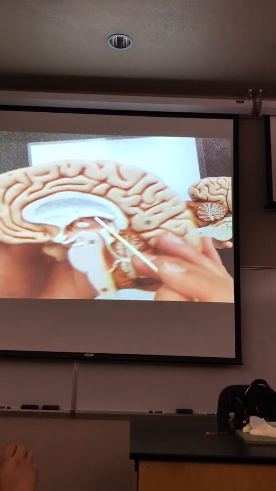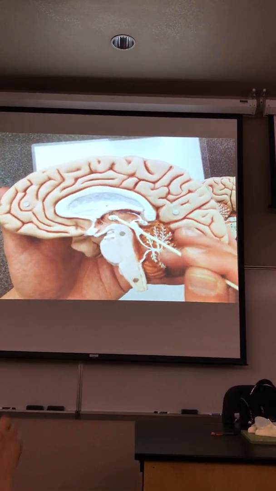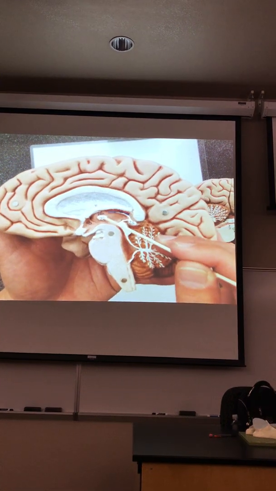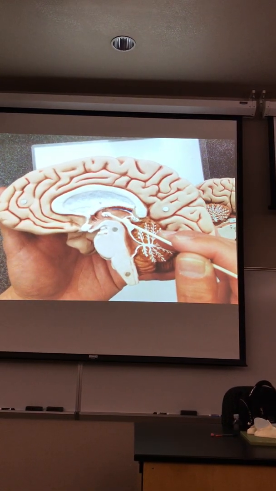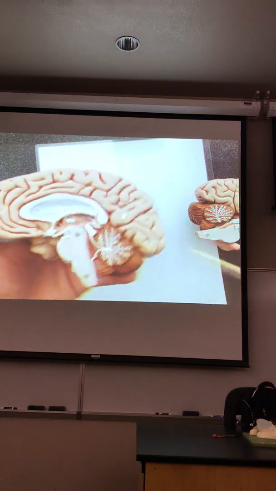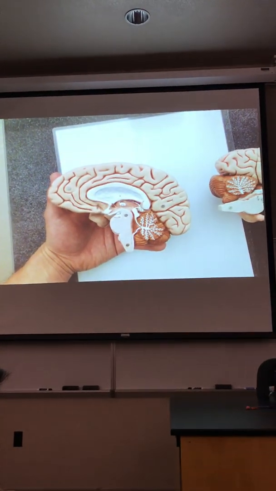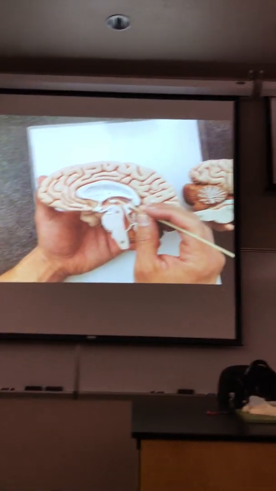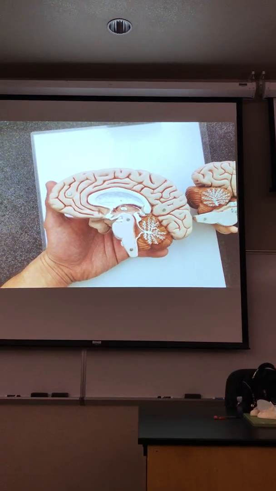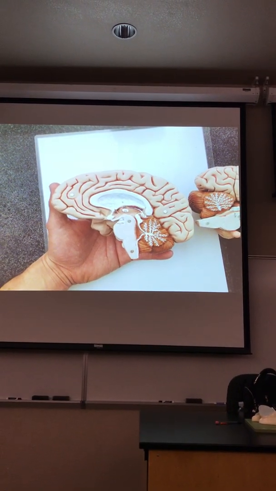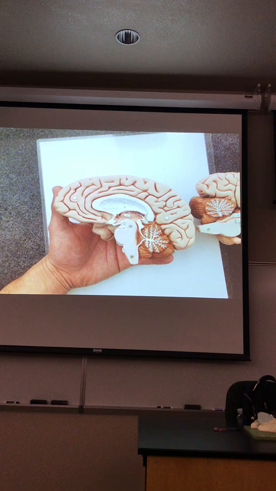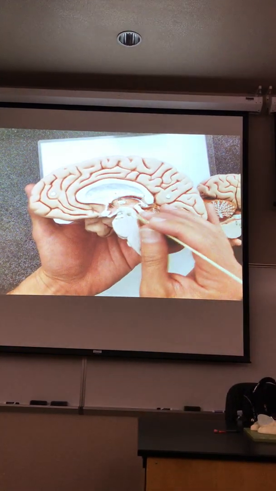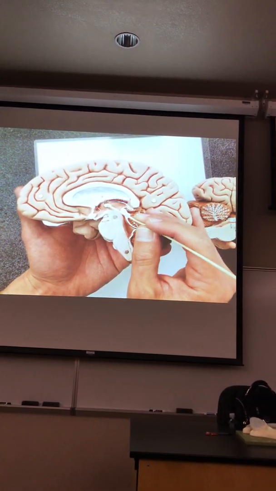The intermediate mass is labeled 22. Honestly, if there's a sticker here, put thalamus, because I get this on the practicals. If you put intermediate mass, I know what it means. If you put intermediate mass of the thalamus, that's as correct as you're going to get, but thalamus will suffice.